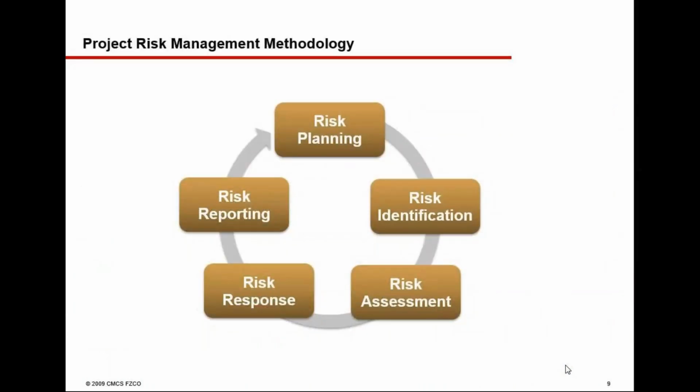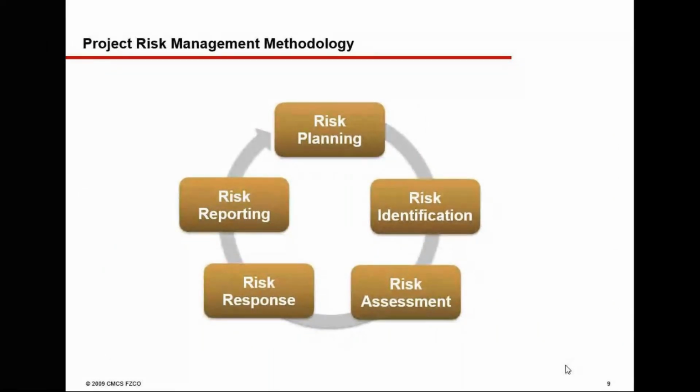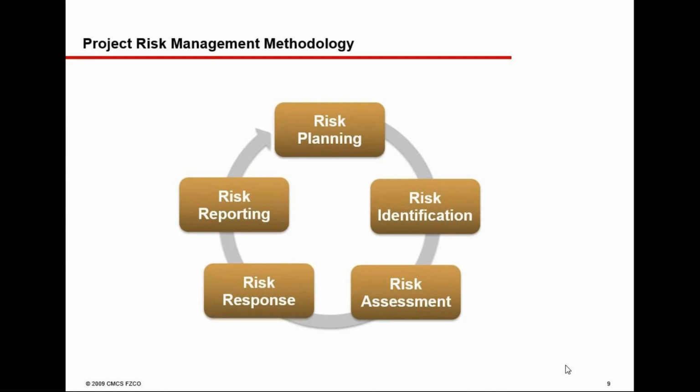Now these are the processes involved in risk management. In risk planning, we look at what documents and other things we need to go through and identify who will handle the risk, who will take actions on that, and who will monitor it. That kind of planning is done in your risk planning.